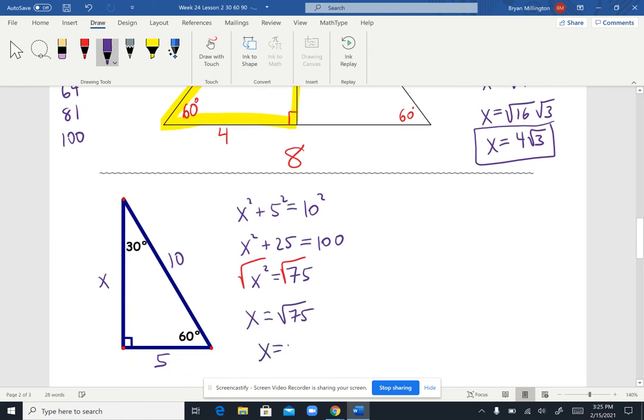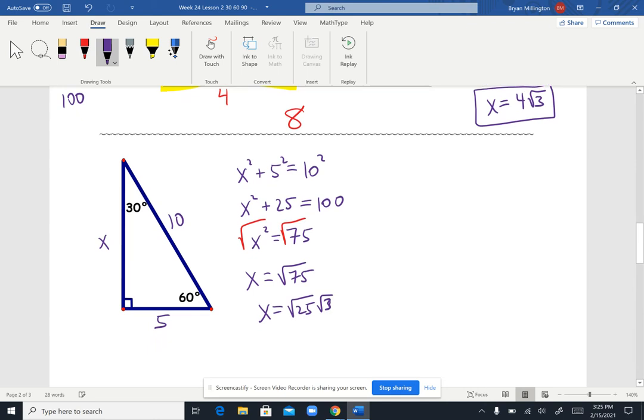So x equals the square root of 25 times 3. You can take the square root of 25, which is 5. And the 3 is messy, so it's got to stay in there. So x equals 5 root 3. So this is 5 root 3.